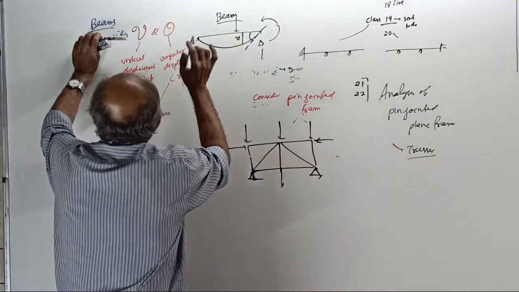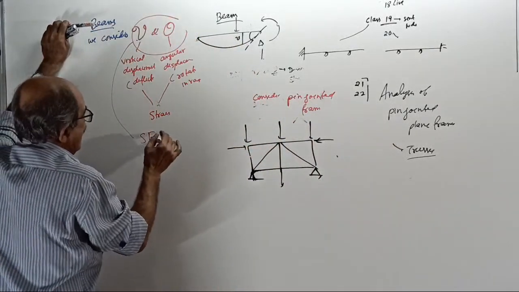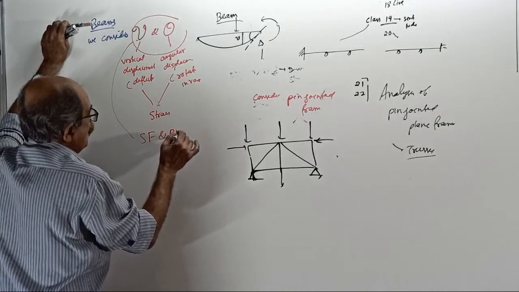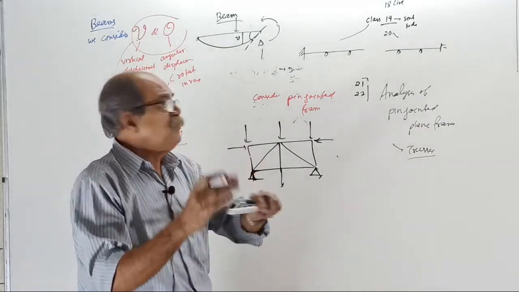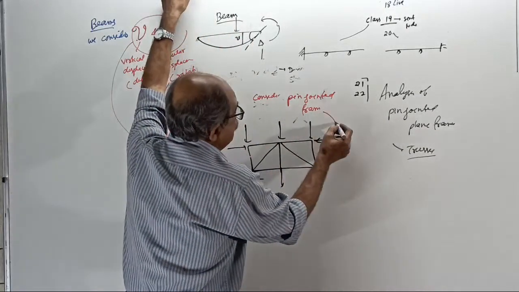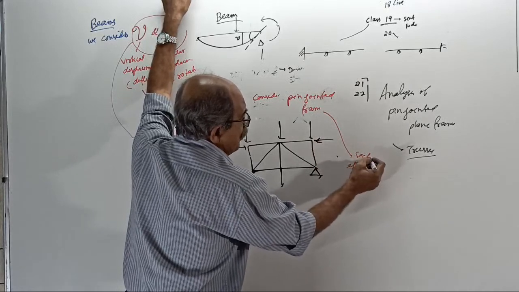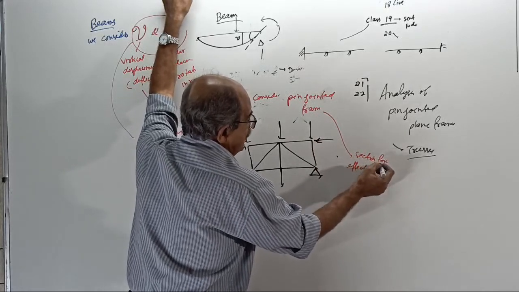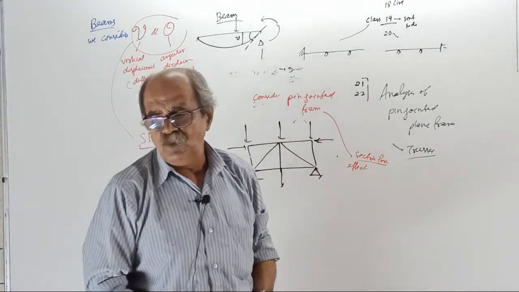See, here, the effect of these two is shearing force and bending moment. So the section forces for beams are shearing force and bending moment. For a pin-jointed frame, tell me the section force effect. For pin-jointed plane frames, there is no shear force, no bending moment.